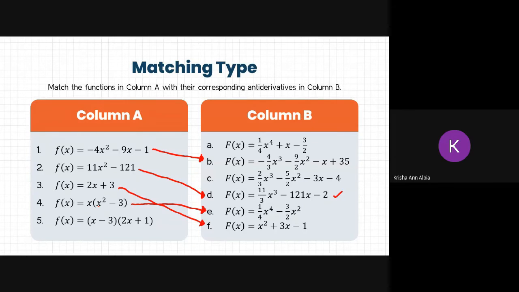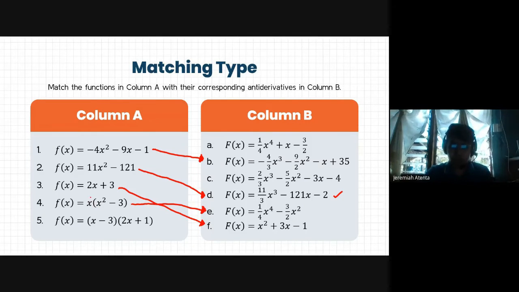Okay, so first, you distribute. Yes, sir. Then you will have x cubed minus 3x. From that, it is easier now to locate kung sino yung antiderivative, right? Yes, sir. Thank you, Krisha.